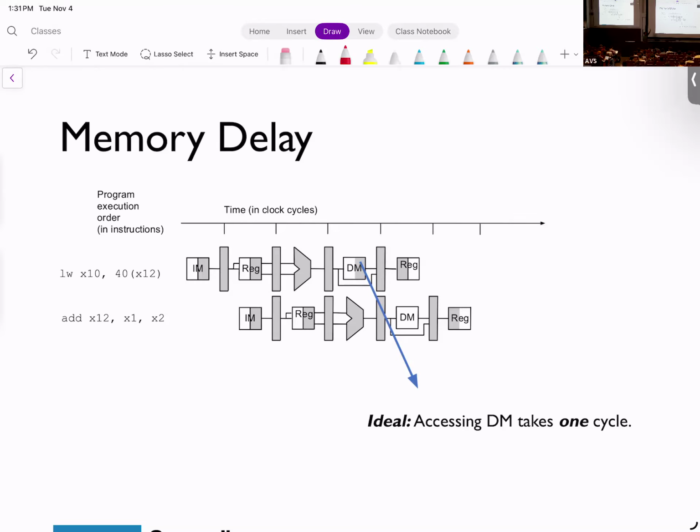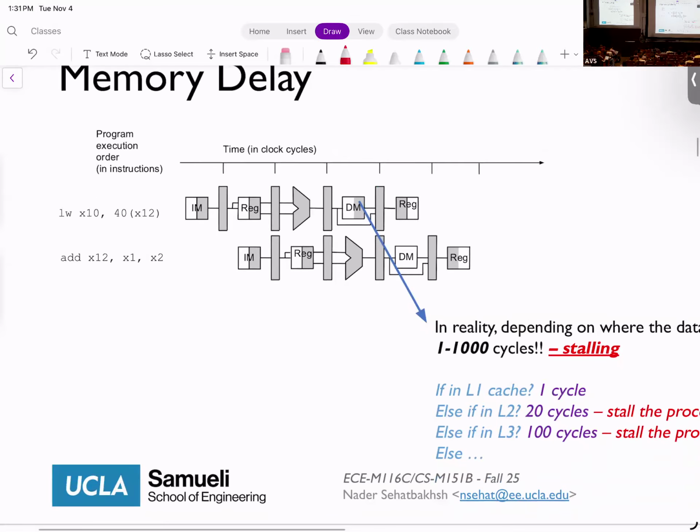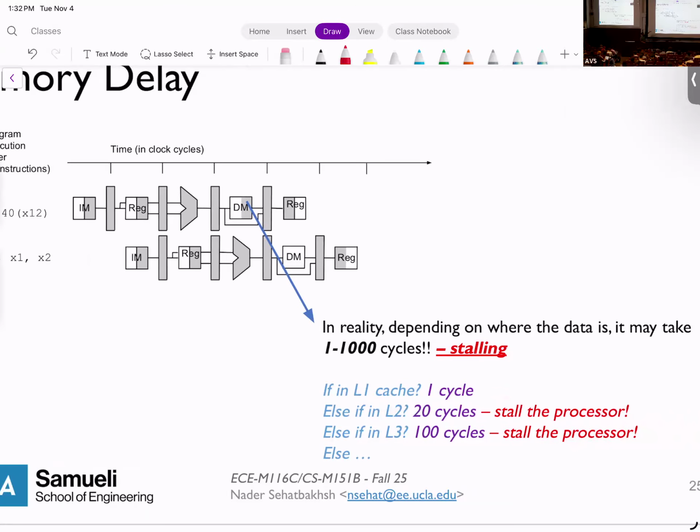As I said, this only works if there is a cache hit in level 1. In most cases, it's not in level 1. It might be in level 2, in level 3, or it might be in DRAM, or even worse, it might be in flash. So we might have thousands and thousands of cycles of stalling if the data is not available there.